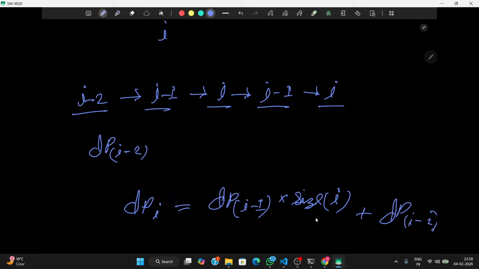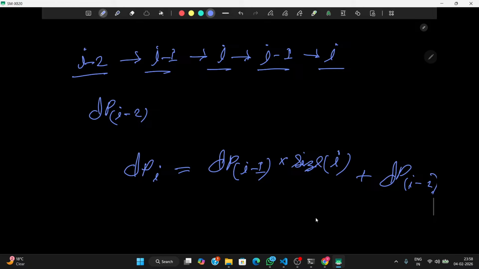This is our dp transition. If we want to come to I somehow, what we can do is come to I minus 1 somehow, and then come to I and head to its subtree, and then come back to I, or come to I minus 2 and do this particular iteration. These are the two possible things that we can do, right?